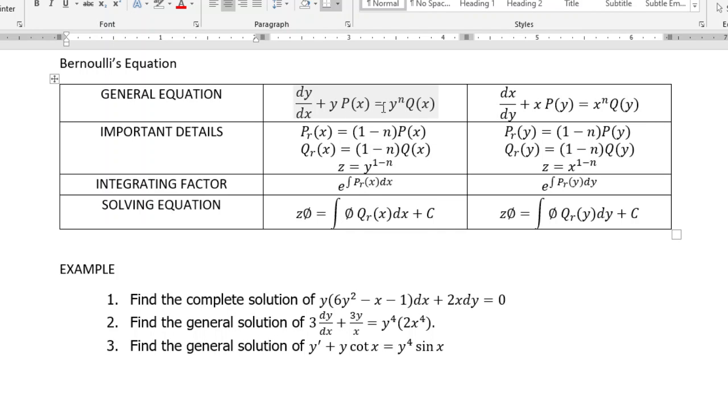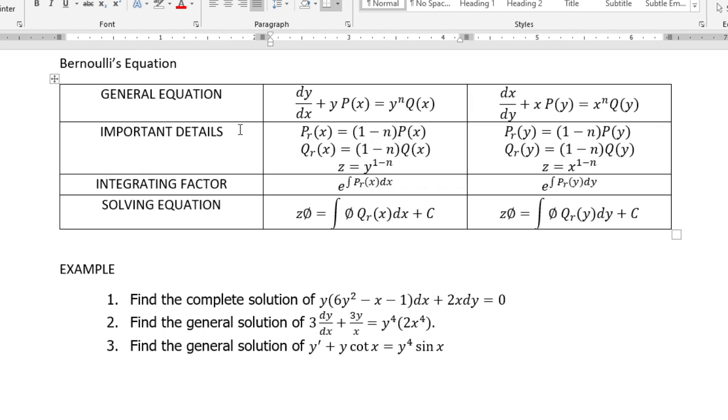Pero, pag Bernoulli, meron na tayong y raised to n na nakamultiply kay q of x. So, ganun din dun sa isang general equation niya, dx over dy plus x multiplied by p of y is equal to x raised to n naman siya, q of y.